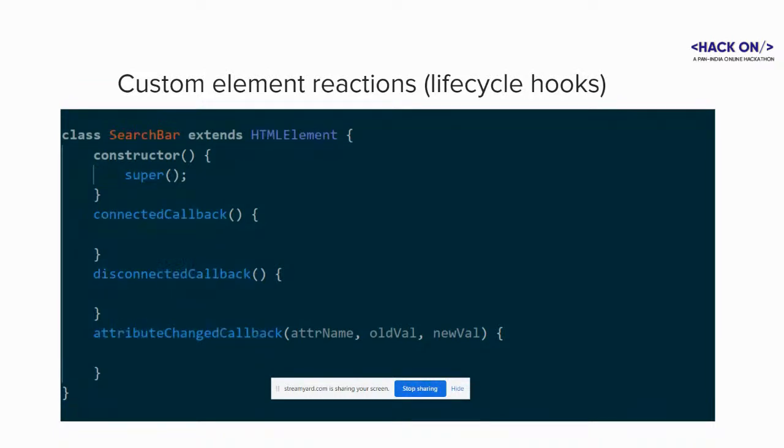It's how ngOnDestroy works in Angular. Then you have attributeChangedCallback. This works exactly like ngOnChanges. Whenever there's any change in the old value and the new value, this particular lifecycle hook, or custom element reaction, is called, and this would update all the different values that you need to.